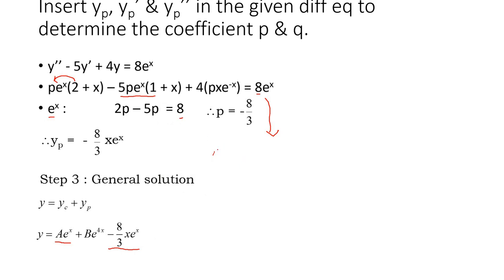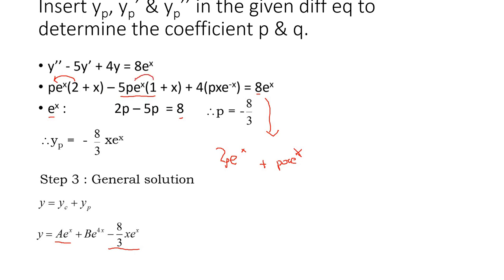So you expand this one, you get 2p exponent x plus px exponent x.